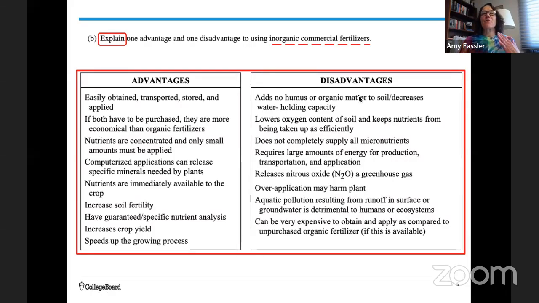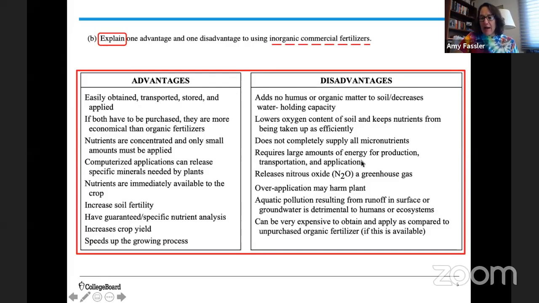And again, it makes more sense if I compare that to an organic fertilizer, which would be compost or animal manure. When I work that in, it's going to change the structure of my soil. It's going to increase the water holding capacity and prevent erosion or runoff.